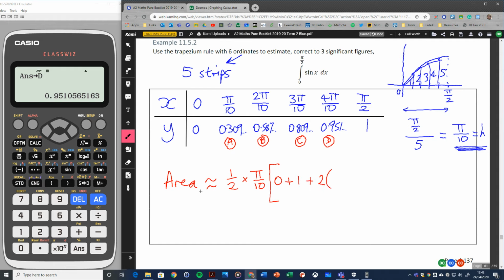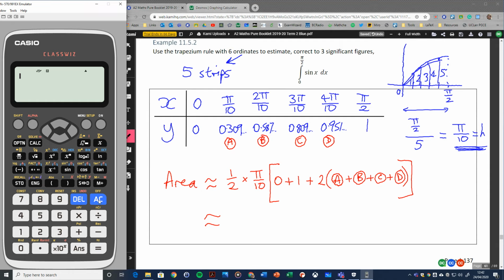And then it's plus 2 lots of all the other y values added together. Now because I've labelled them A, B, C and D, I'm now going to write A plus B plus C plus D. And I've told the examiner what my values of A, B, C and D are, so I'm okay using this notation.